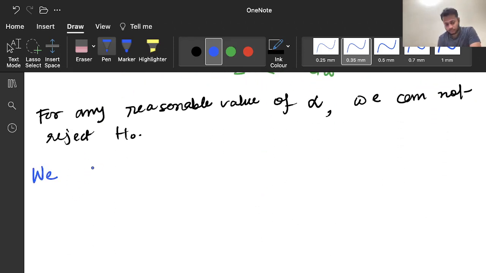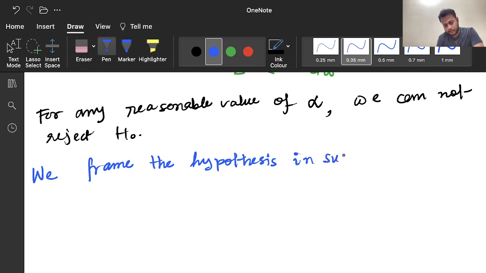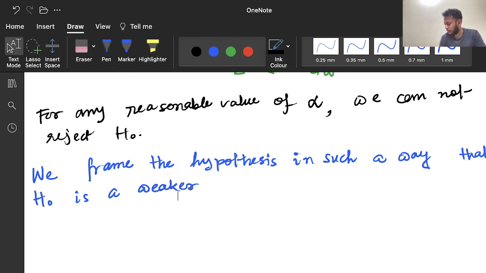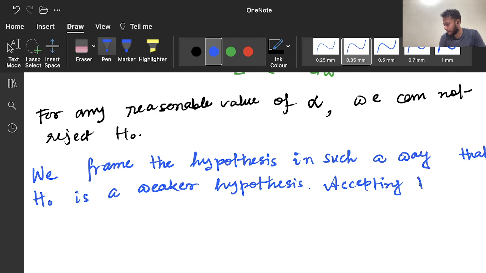We frame the hypothesis in such a way that H0 is a weaker hypothesis, because accepting H0 is a weaker conclusion.